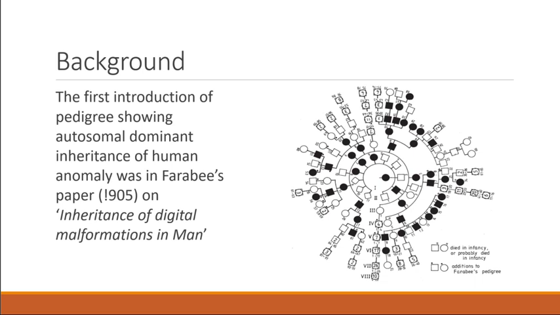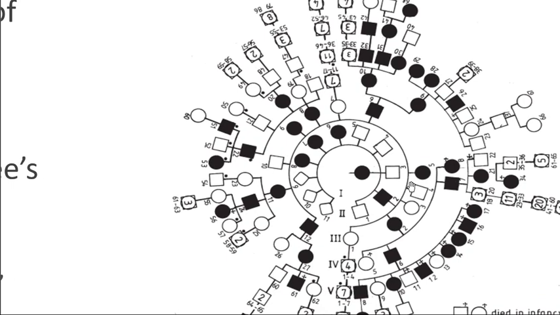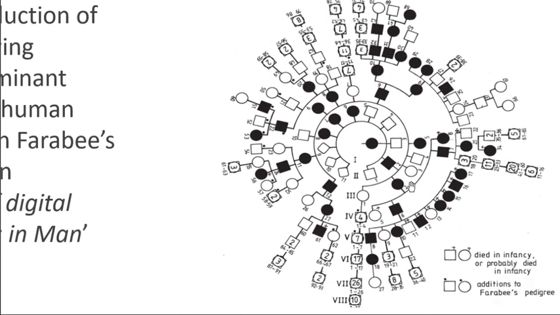So here in the pedigree, the black circles are the affected females and the black squares are the affected males. This was one initial reference given to it.